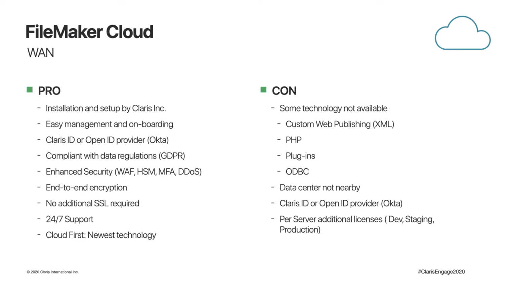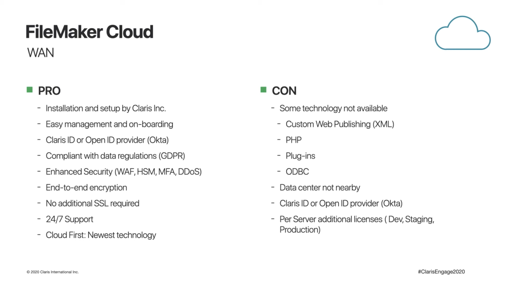Using Claris ID or an open ID provider could also be a disadvantage, because maybe your solution was not made to work with this kind of identity provider. And the last one, and that is a disadvantage as well, is that per server you need additional licenses.